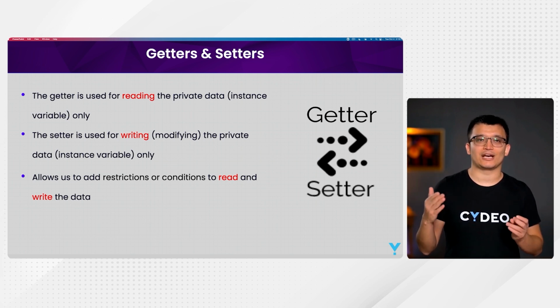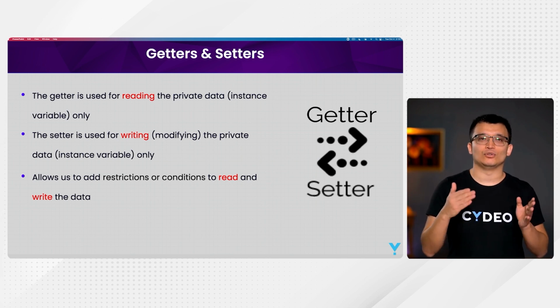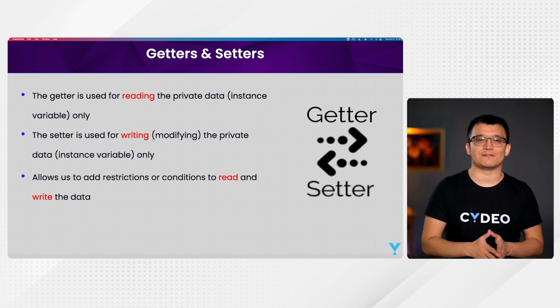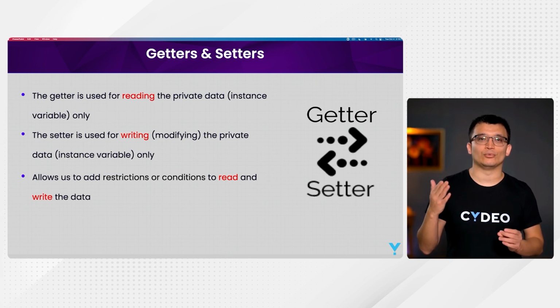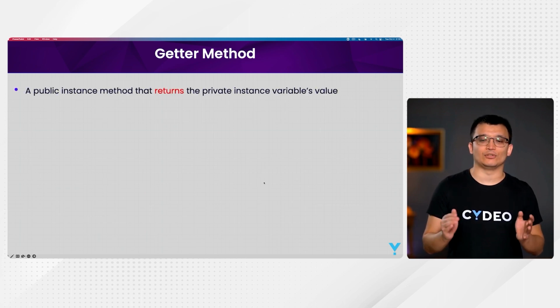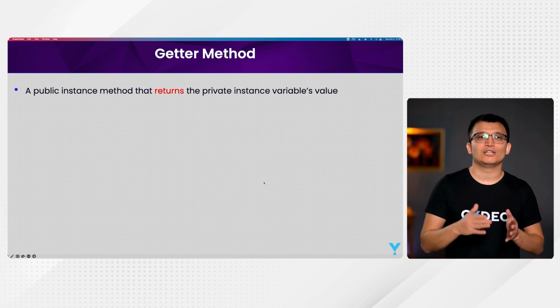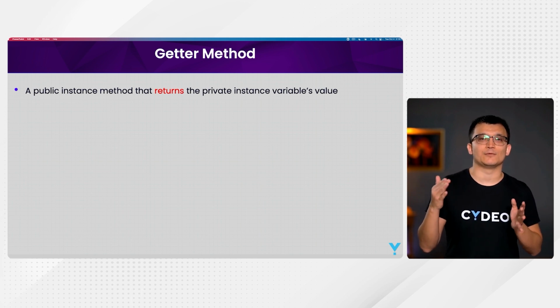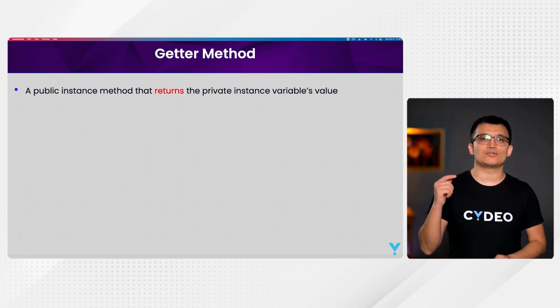You can add the conditions of what kind of data can be assigned to your private instance variable, and when you can read the private instance variable of the object, by using those getters and setters. The getter method, when you declare it, you declare it as an instance method. This public instance method returns the private instance variable's value, because the getter is used for read purposes only.